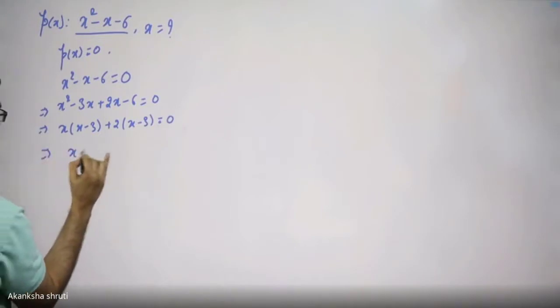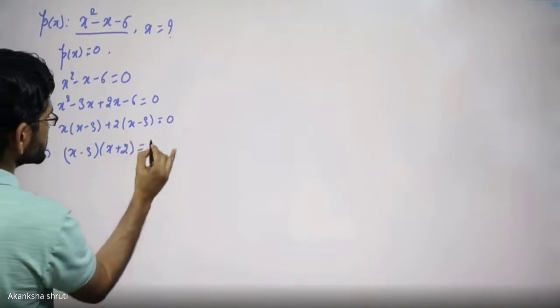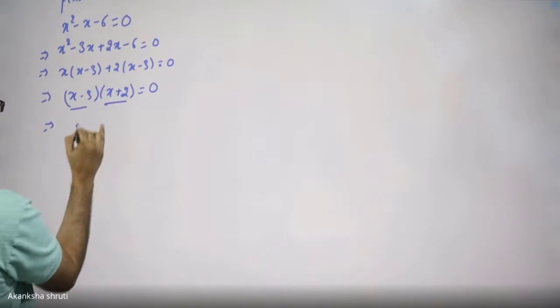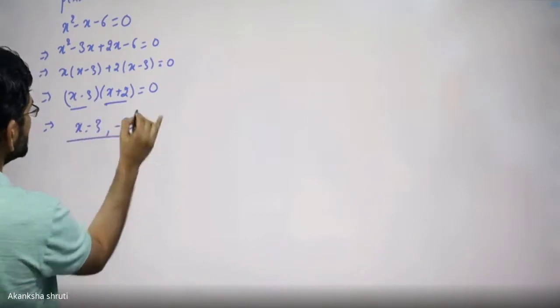Taking x minus 3 outside, the other factor is x plus 2 equals 0. Each of these linear brackets has to be equated to 0, then we get x equals 3 and minus 2. These two are the values of x. If we substitute them here, you will get 0.